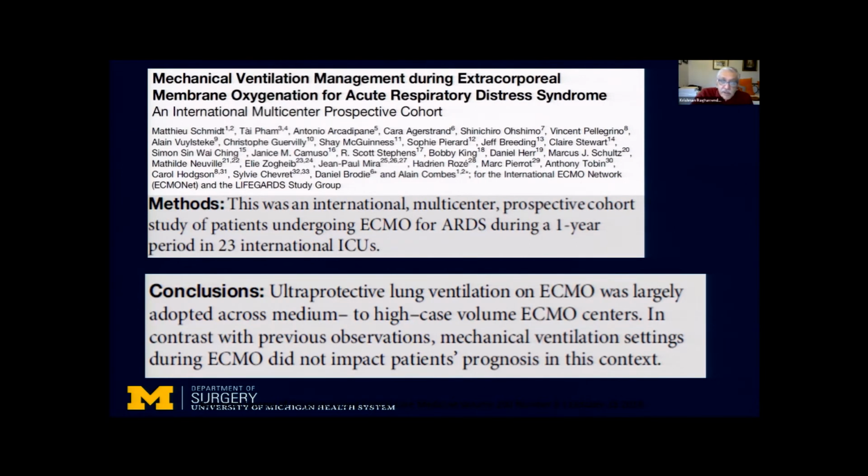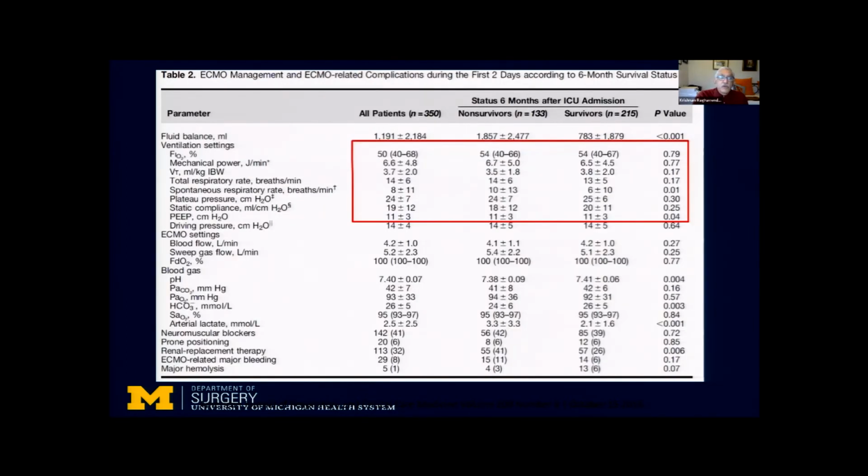And what they interestingly found was that most people, as soon as you put them on ECMO, were transitioning to an ultra lung protective ventilation with very, very low tidal volume. However, the study also showed that mechanical ventilation settings during ECMO had no impact on patients' prognosis. And the study went on to examine two groups of people and essentially divided them into survivors and non-survivors.